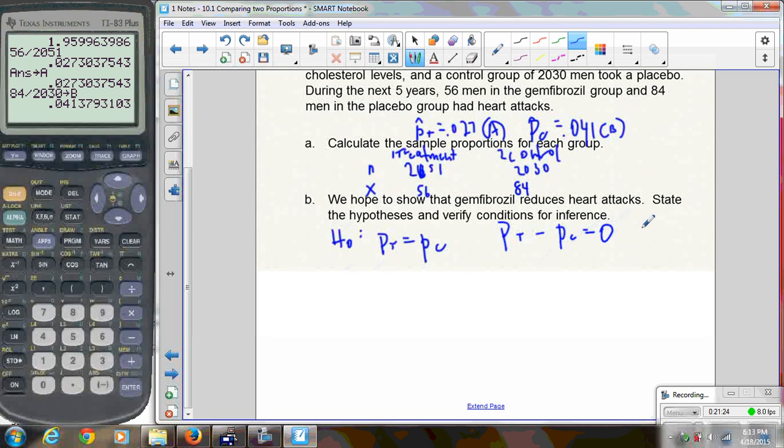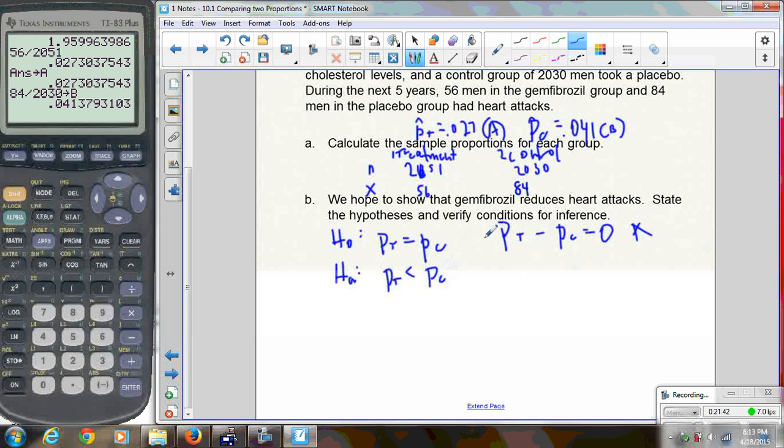You can do it either way. This is the way I recommend, though. Your alternative is to say that your treatment group would have had less heart attacks than your control group. So we would say P sub T is less than the proportion in our control group.